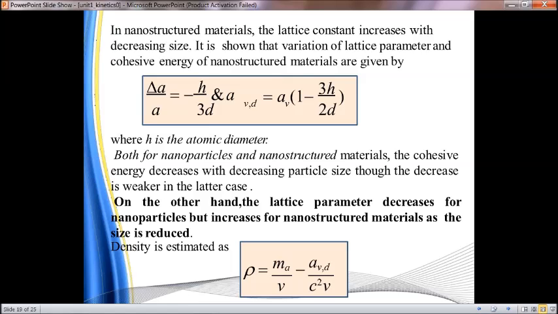So both for nanoparticles and nanostructured materials, the cohesive energy decreases with decreasing particle size, but the decrease is weaker in the latter case.